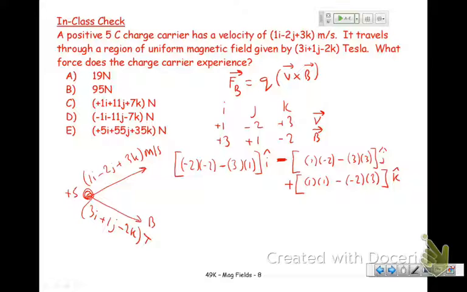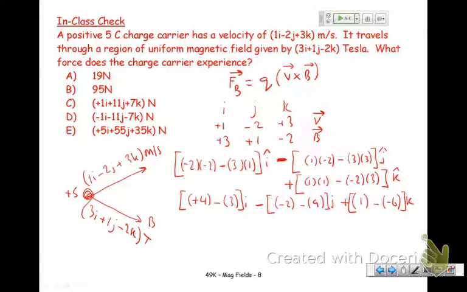And then I go minus 2 times minus 2 is plus 4, minus 3, I, minus 2, minus 9, J, plus 1, minus 6, K. Then I'm going 4 minus 3 is 1I.